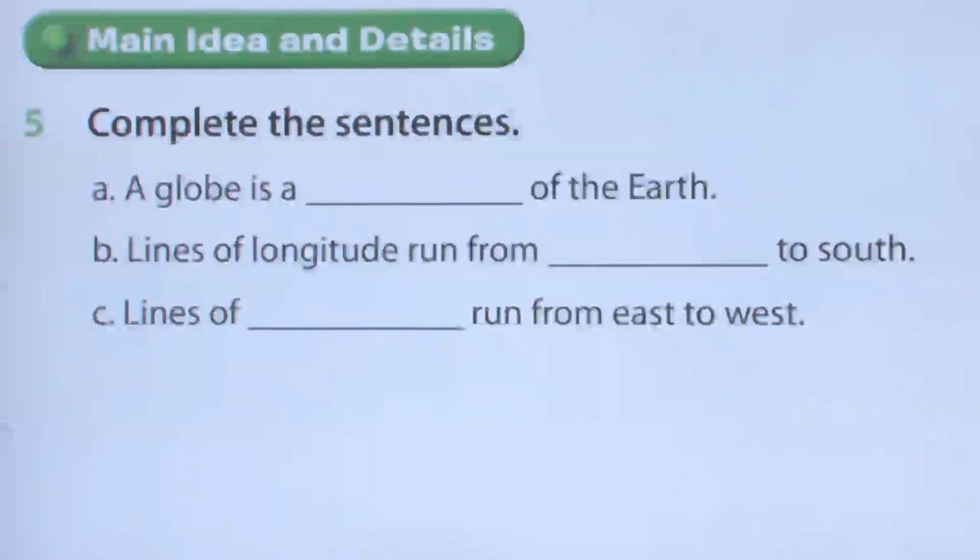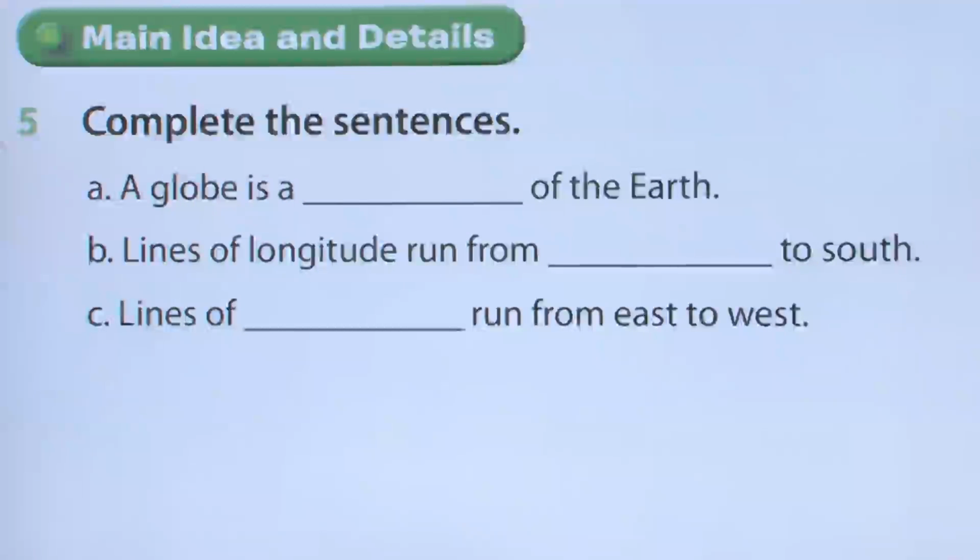Now, number 5, let's complete the sentences. A globe is a blank of the Earth. A what? It's a model of the Earth. Did you get that one? B, lines of longitude run from blank to south.